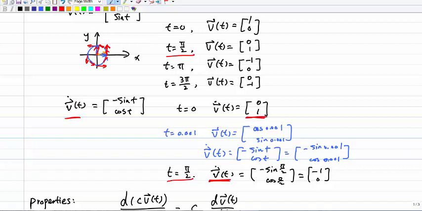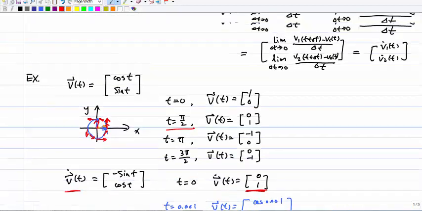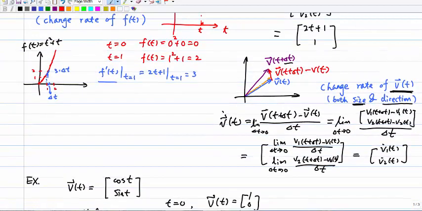That makes sense because as t increases, you are going to move along the circle, so at this point you're going to move to the left. Again, I will emphasize that the meaning of the derivative v dot t is the change rate of v sub t, which includes both size and direction because we're talking about a vector.